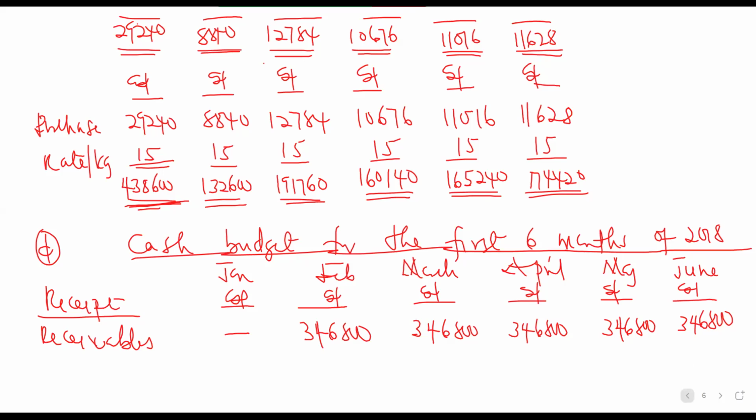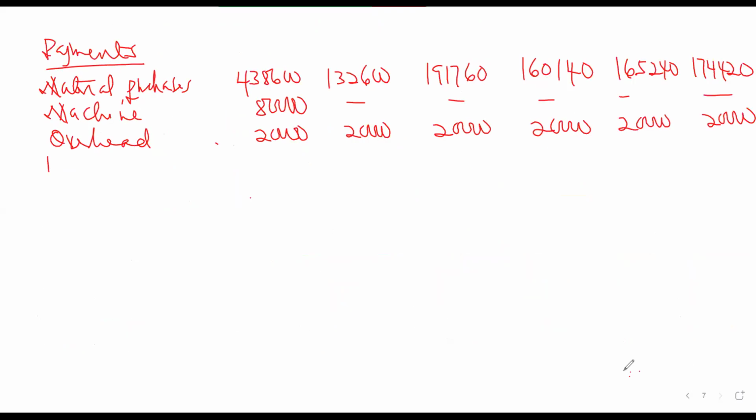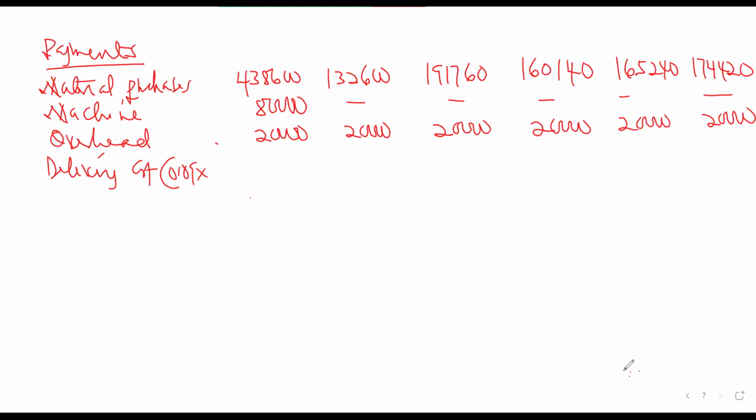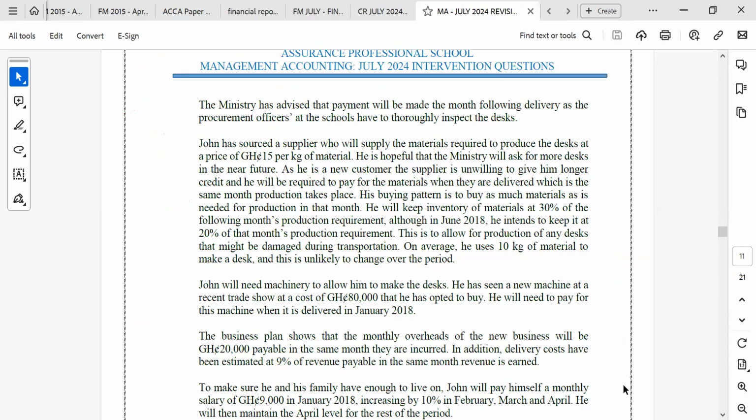So how did we get that? So delivery cost. That's 9% of the sales. Okay, that will be 0.09 multiplied by sales of what? 34,600. Is that correct? Yes, sir. Okay. So that will be in the same month. So that will be every month. How much is that?